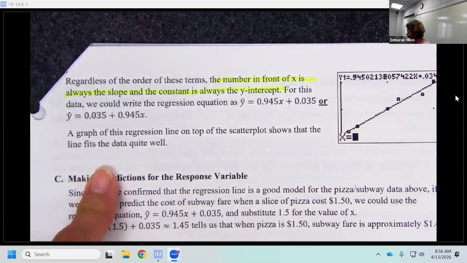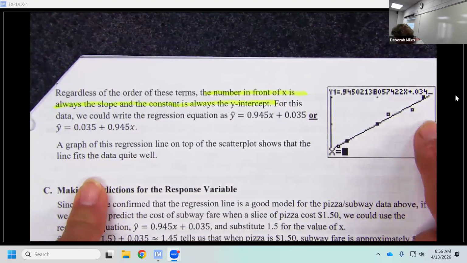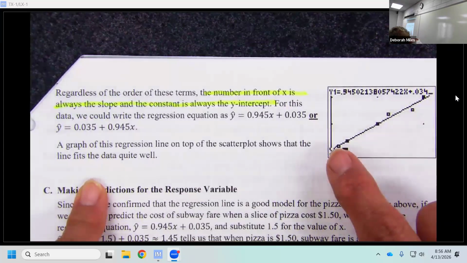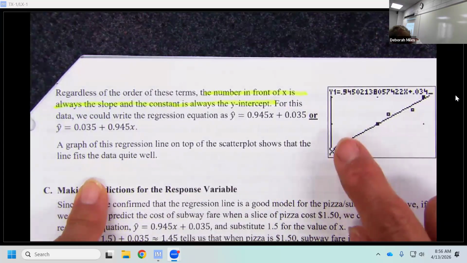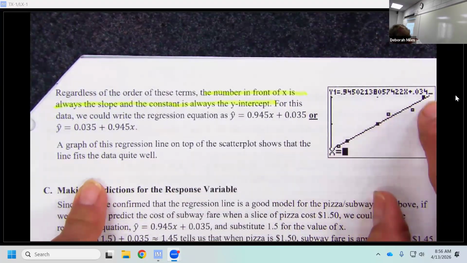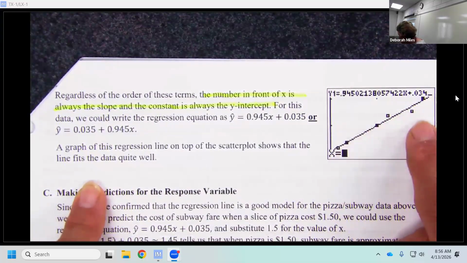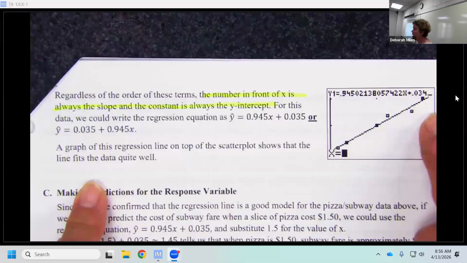If we graph that line right on top of our scatter plot, we see that it hits pretty darn dead on 1, 2, 3 of the points, and then 3 of the points are a little bit off, but still very close to that line.